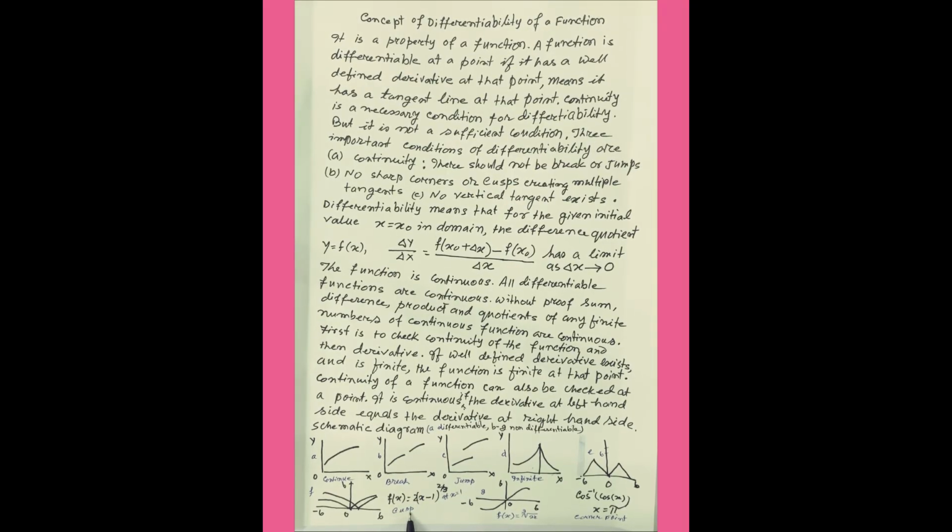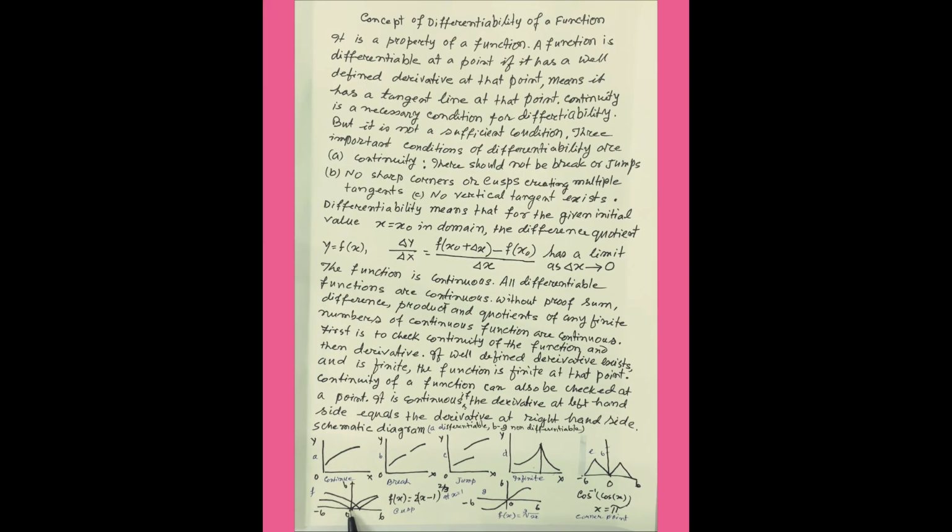Then there are curves: the function starts from here, touches the 0 point, then increases again. Such a function cannot be differentiated. The algebraic form may be of this type: 2 times (x minus 1) to the power 2 by 3 at x is equal to 1.